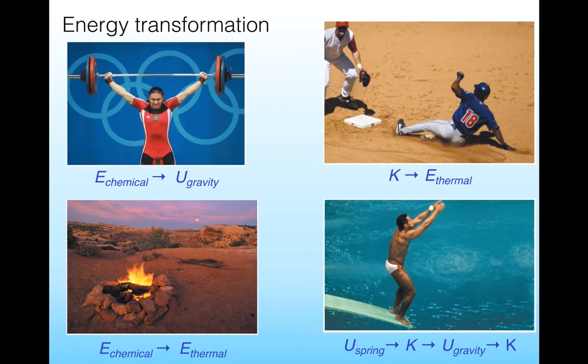That kinetic energy, though, will turn back into gravitational potential energy as he goes higher and higher into the air, and then eventually he'll reach the maximum height with his maximum gravitational potential energy and begin to fall again, where his velocity will increase because he's accelerating due to gravity. Again, increasing velocity means increasing motion, which is increasing kinetic energy. So you can see this is a very complicated system where energy from the board is turning into kinetic energy of the person, which is turning into potential energy of the person and back into kinetic energy of the person.